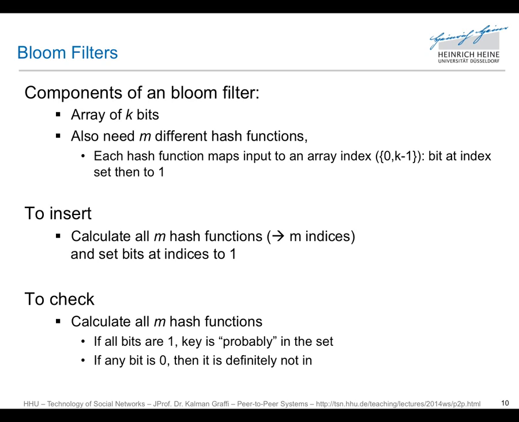Let's say we are at the first hash function and it tells us 5, then we put a 1 in the Bloom filter at the position 5. And if the second hash function for the same object gives us the position 3, then we put at the position 3 a 1. So it always tells us which bits to set to 1 in the Bloom filter.